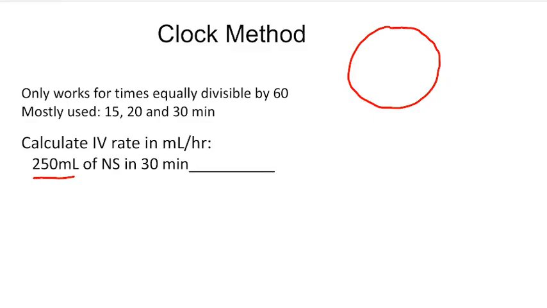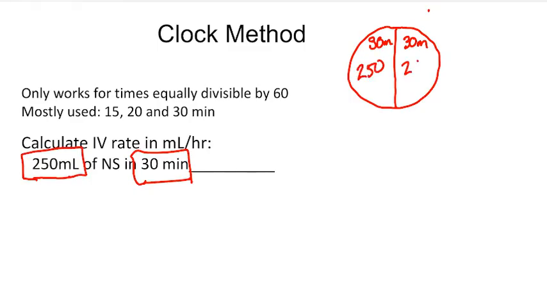It's 250 milliliters in 30 minutes. So now you could do 30 divided by 60 like we've been doing earlier, but this is an even easier method. So 30 minutes, how many 30 minutes are in an hour? We have 60 minutes in an hour, so there's two 30s. We have 30 minutes here and we have 30 minutes here, right? So if I wanted to infuse 250 milliliters in 30 minutes, I would imagine 250 here, 250 here.